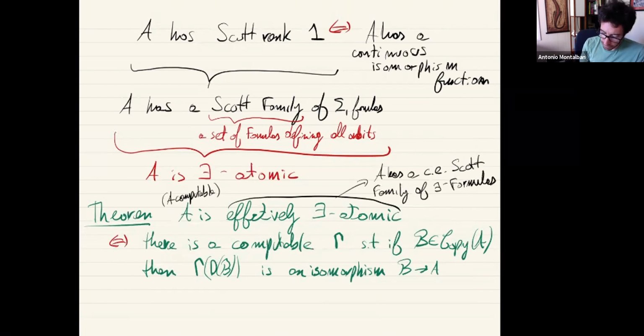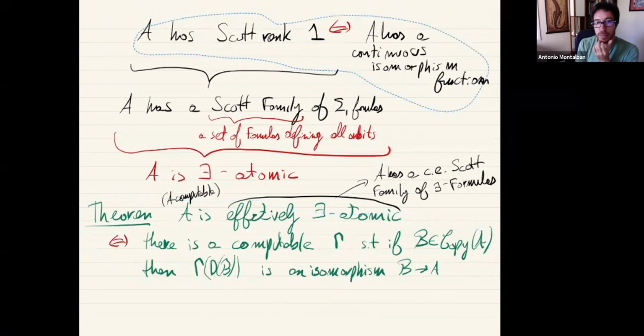So being effectively existentially atomic is the same as saying that you have Scott rank 1, but in an effective, computable way. And then this gamma is essentially a computable isomorphism function. So this theorem up here is the computable version of this particular case up here.